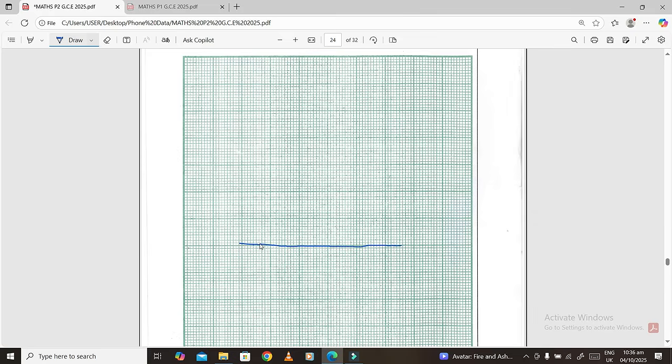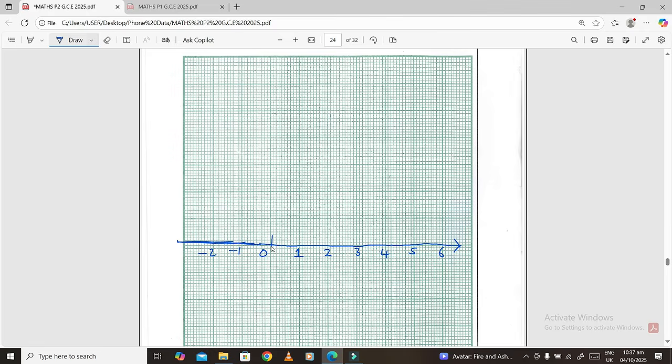This is our x-axis. So if this is 0, 1, 2, 3, 4, we can put our 0 here. So this is 1, 2, 3, 4, 5, 6. And then this side is supposed to be 2, negative 1, negative 2.